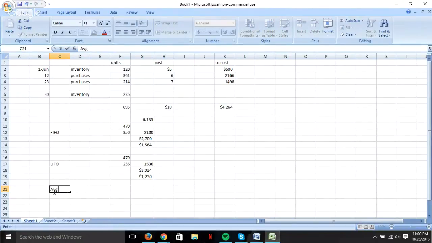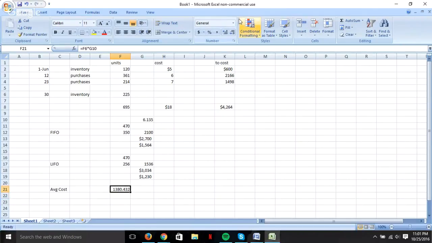So the last one they like us to solve for is the average cost. This one's going to be a little bit simpler because what we'll do for this one is actually solve for the ending inventory first. We'll take the ending units, how much we have left in our inventory, and times that by the weighted average unit cost, 1380.432.